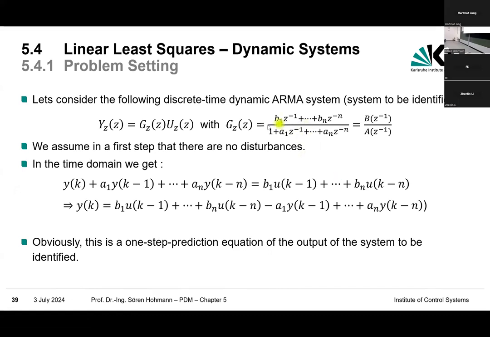We are interested in the parameters A and B. We have data, it's given, the set of measurements of Y and U, and we want to identify, estimate, train, so always the same words, the parameters A, B, A1, A2, A3, etc., B1, B2, etc. That's the setting.